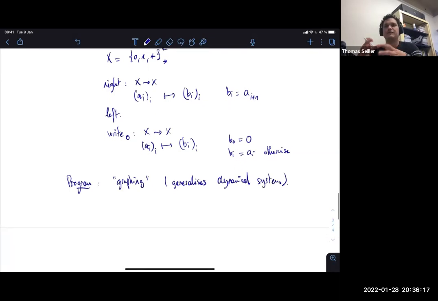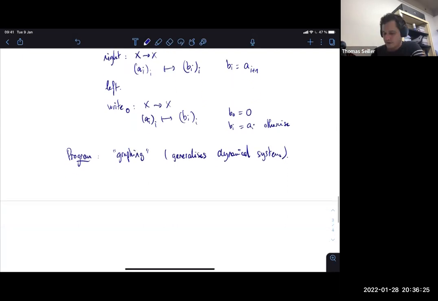Okay, so I will just restrict to the dynamical system case, which is basically when you're just concerned with deterministic programs, right? So the point is that if you restrict to the deterministic case, what you ask is that the program is a function from X to X. For reasons that you will understand, you have to add a space, which is control states, right?